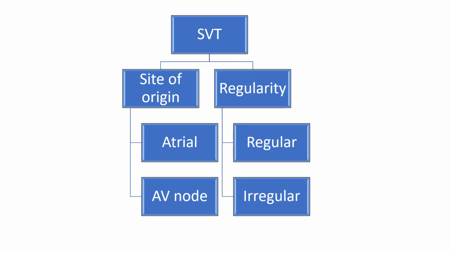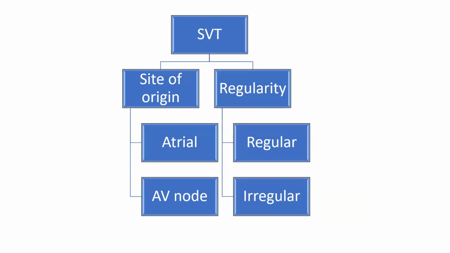So we can say that the patient has SVT that is atrial regular or atrial irregular. Characteristically, if the origin is the AV node, it's almost always regular. We don't have AV node irregular, because the AV node is firing at regular intervals. So we don't have this combination.